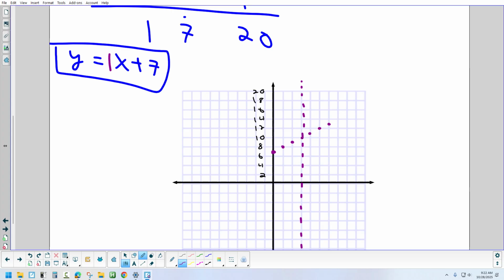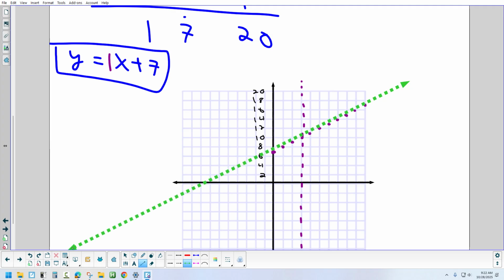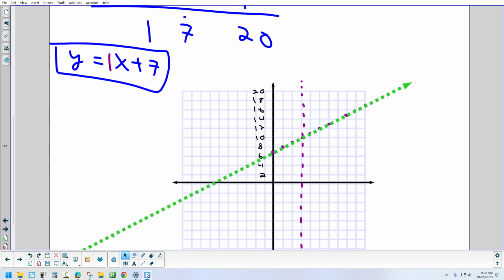This is up 1, right 1, even though it looks like I'm only going up a half. So that's enough points. Let's just use the line tool to do the rest of that. About like that, and then I just have to adjust it a little bit.